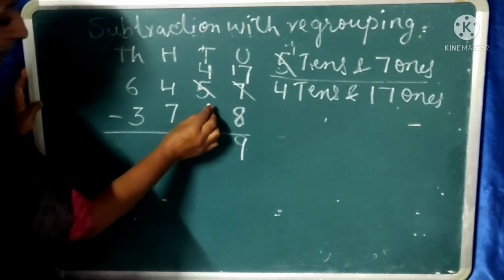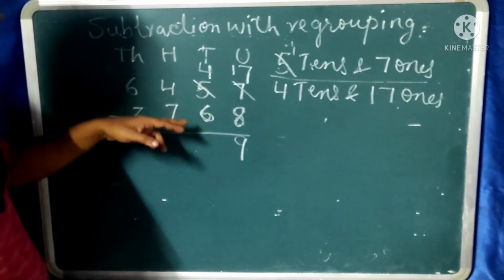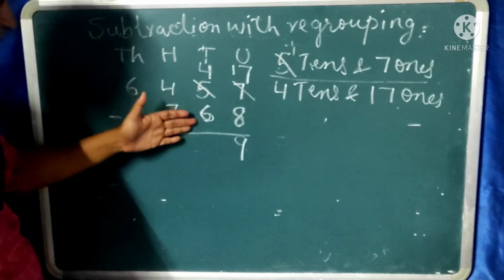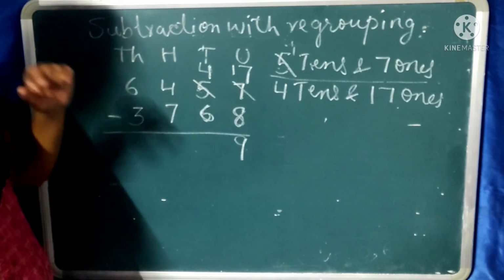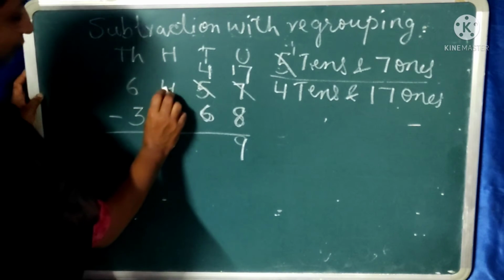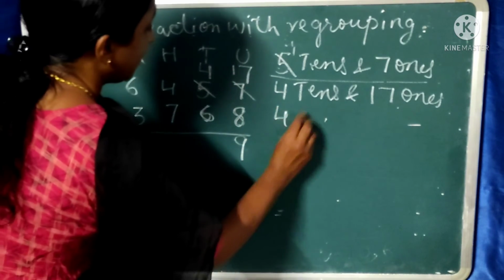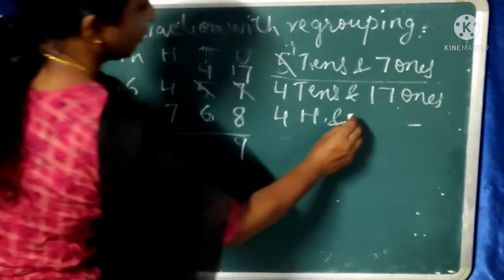Now we have to subtract 6 from 4. Can you subtract 6 from 4? No, because 6 is greater than 4. So we have to again regroup this 400s and 4 tens.